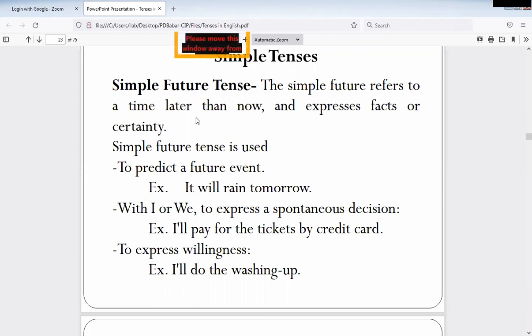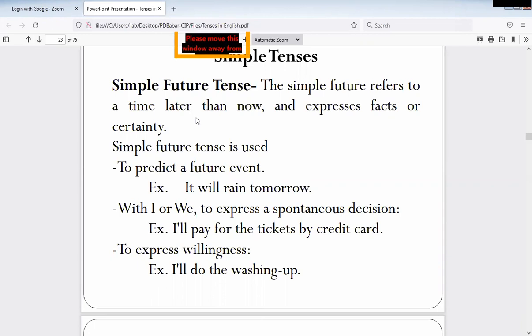Or: it will take some time for me to come. मला थोडासा वेळ लागेल. So लागेल, पडेल, these are the expressions we use to predict a future event.